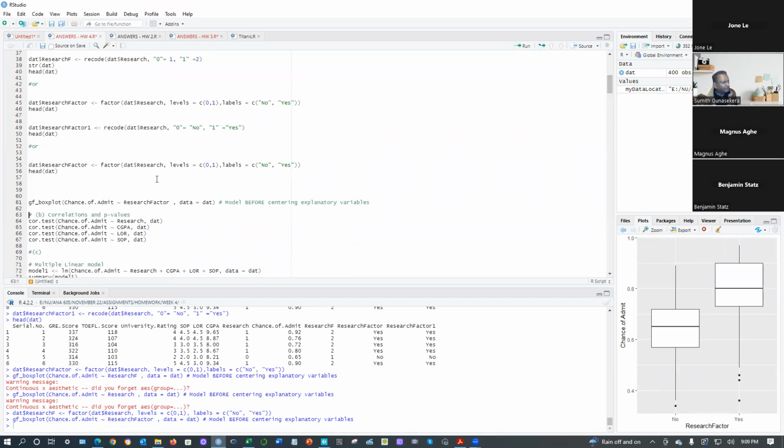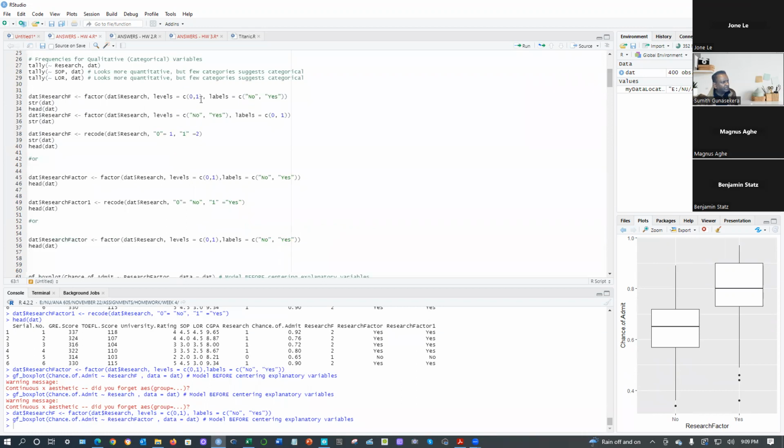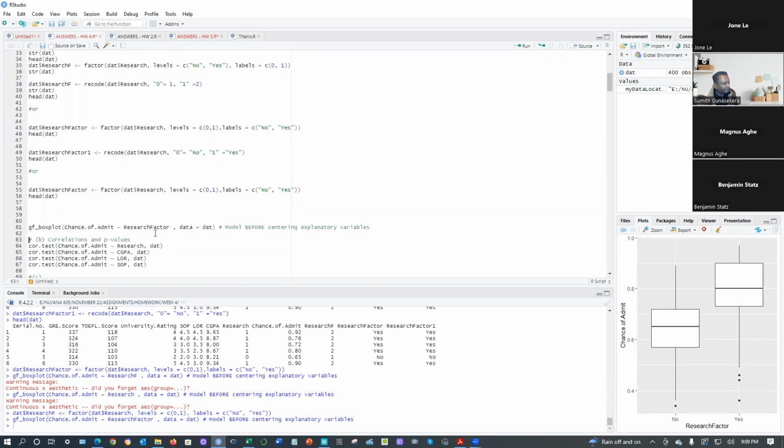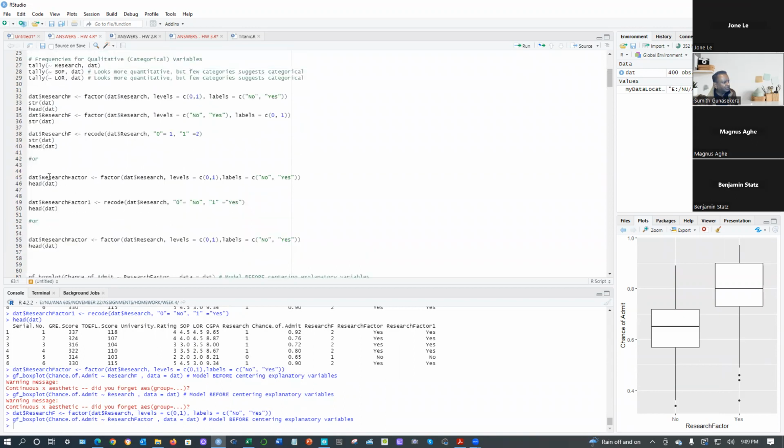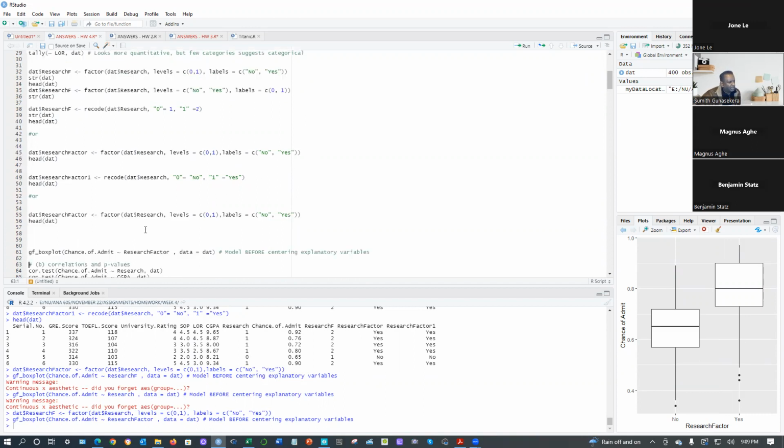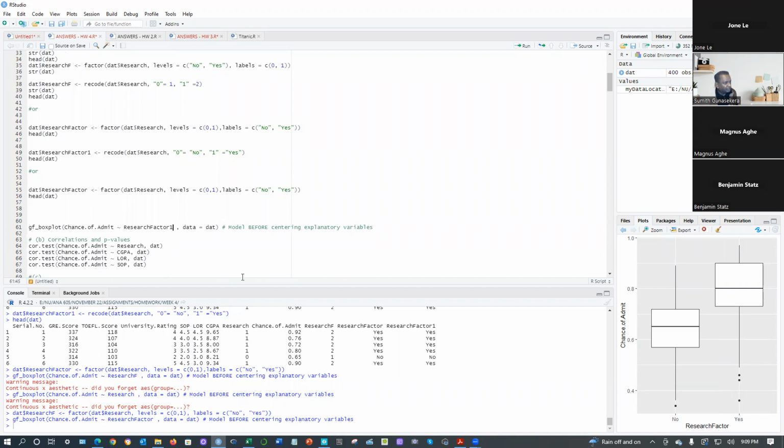So here 0, 1, yes, no. Yeah, that's the same thing we did here. I use this research factor, which is this one. Data research, it's the same thing. Why doesn't it work here? I'm gonna try the research factor 1. Let me see.